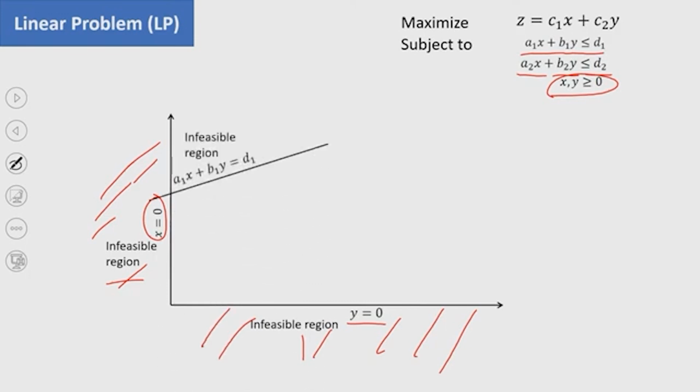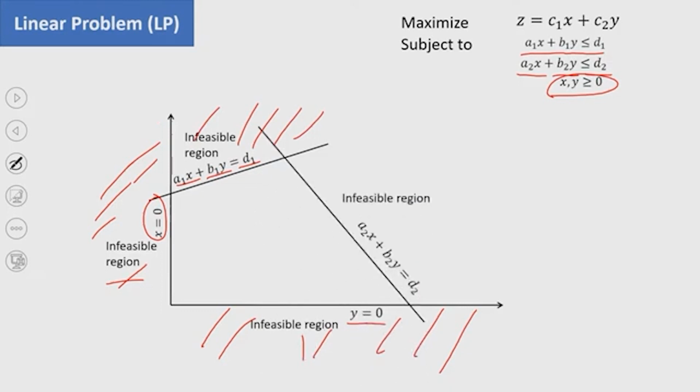Now, if I plot the constraints, the first constraint is a1 x + b1 y = d1. This is a less-than-or-equal type constraint, so this region is the infeasible region. Then the second one is a2 x + b2 y = d2, and this is also a less-than-or-equal type.